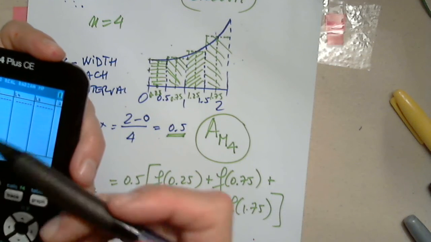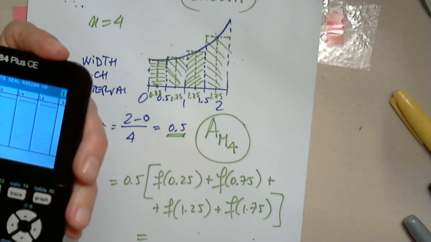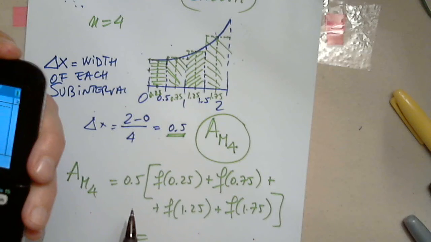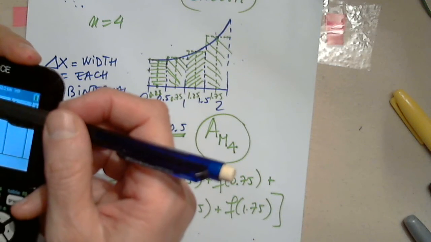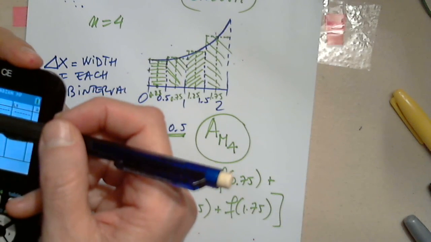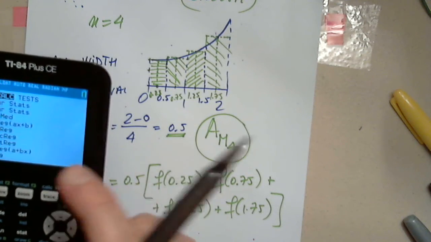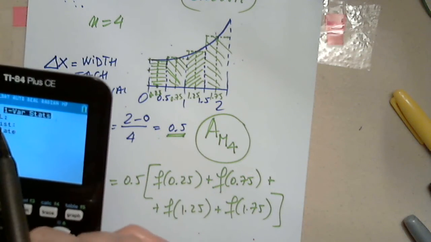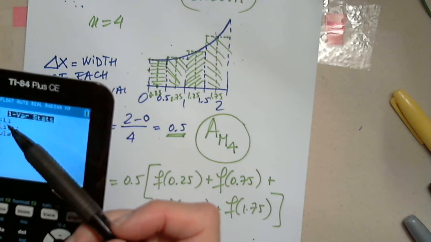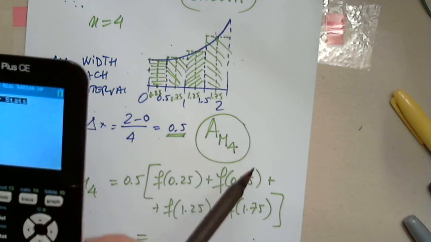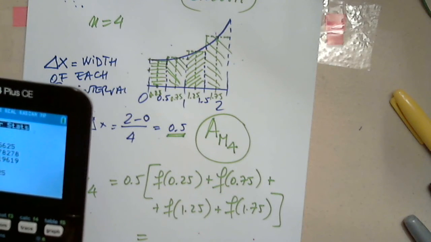So when I press enter, I get all those numbers at once. And now I want to determine the sum of this. Then I go to stats and I want to calculate. It's one variable stats, for list L2, and I want to calculate. And it gives me the sum.